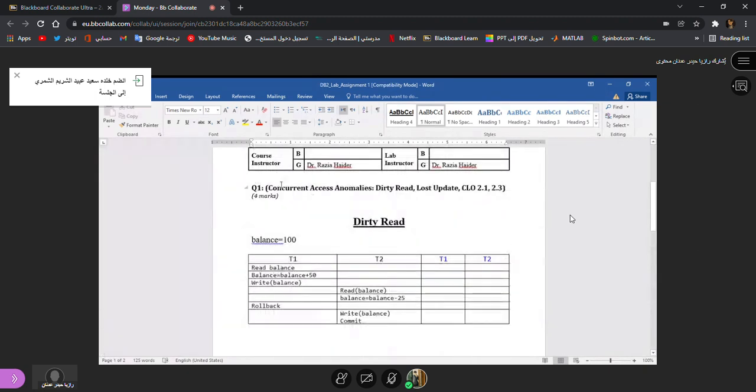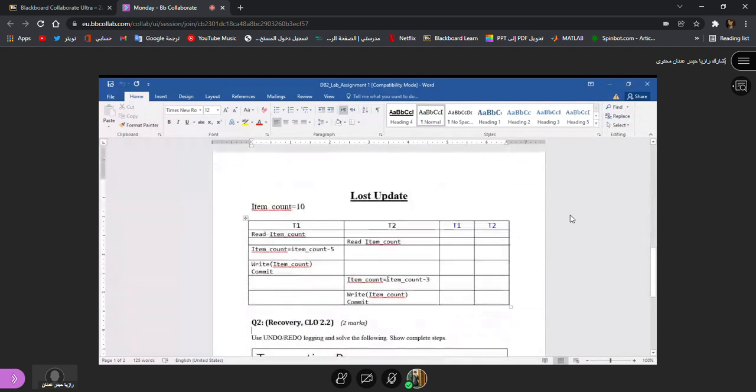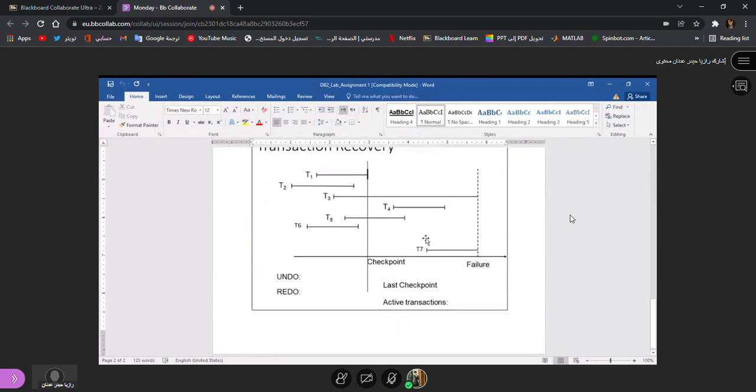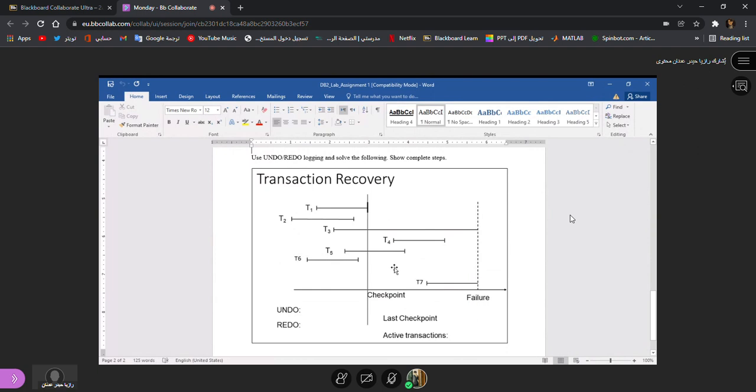So this is the second question. It's actually question 1 and it has 2 parts. And then there is a question 2. You have to use undo redo logging and solve the following, showing the complete steps. Now you have this picture. In the recovery chapter, if you remember, at the end of the chapter there is one example. We have the last checkpoint here and we have the failure here.